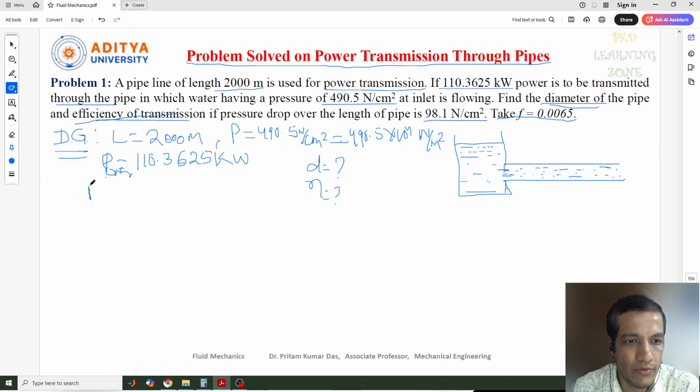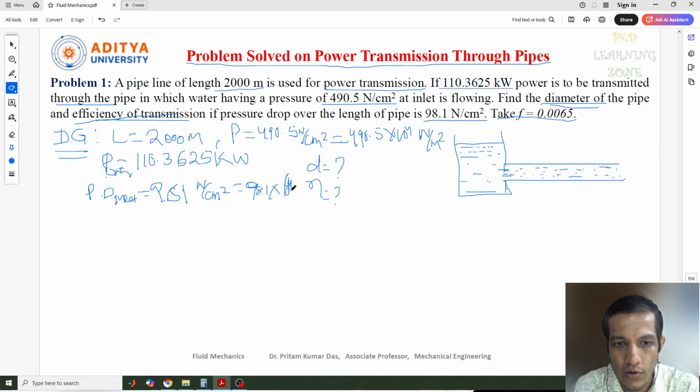So the pressure drop equals 98.1 Newton per centimeter square. This also we can convert into Newton per meter square. That means 98.1 into 10 to the power 4 Newton per meter square.